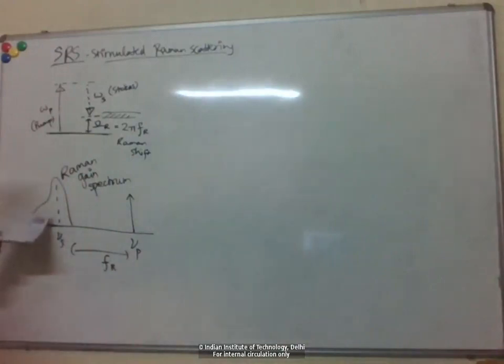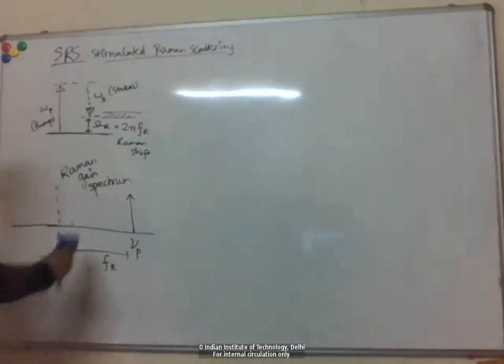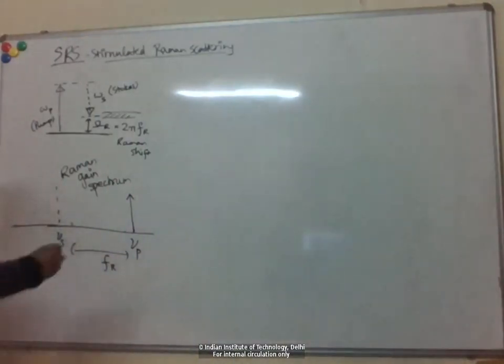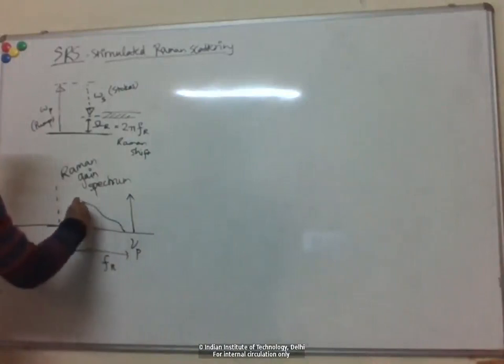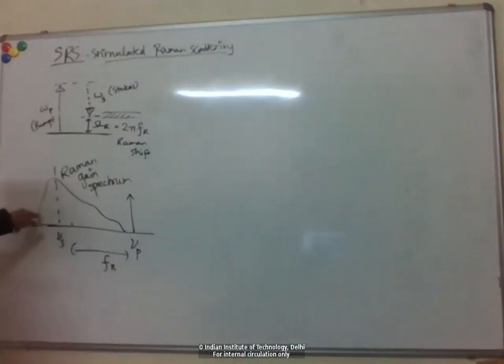Okay, so if we look at this more accurately, I guess, in glass, this sort of looks something like this. Okay, so we saw for the Brillouin, this is like a very narrow Lorentzian, right?